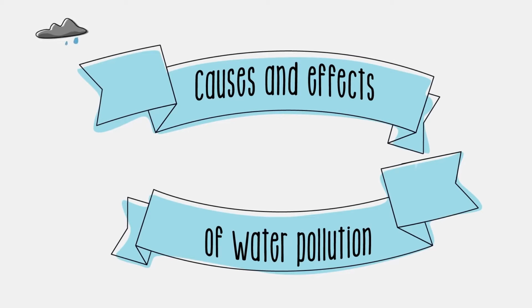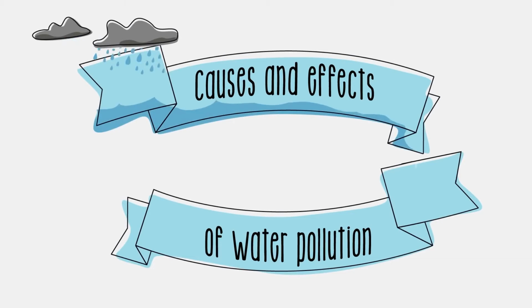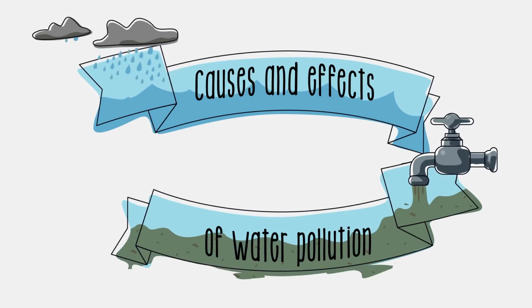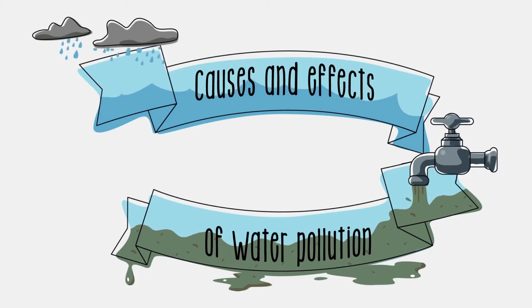Water is a basic resource that guarantees the life of all living beings on the planet. However, its scarcity and pollution cause millions of people to have poor access to this much-needed asset.